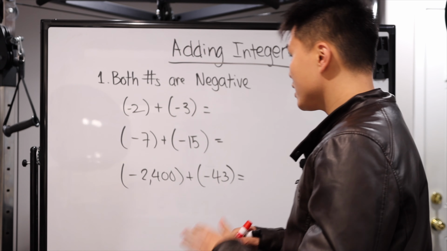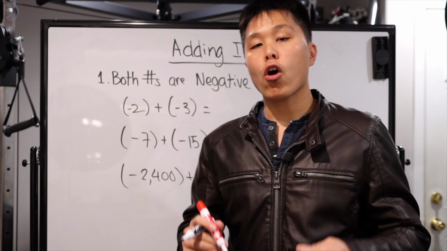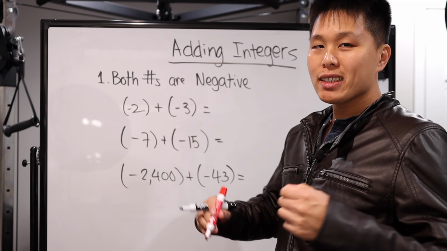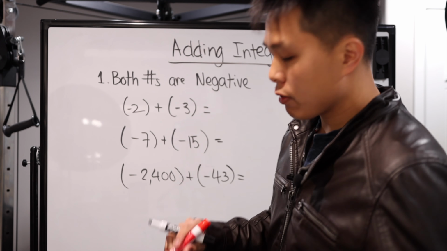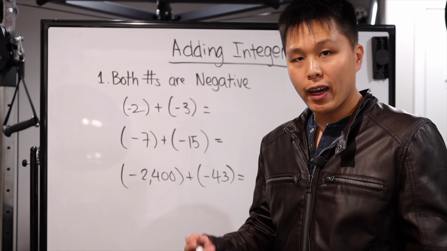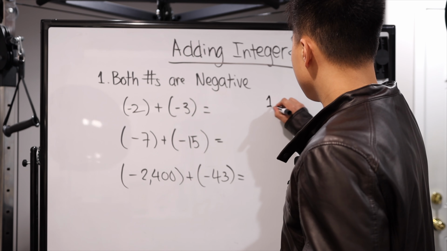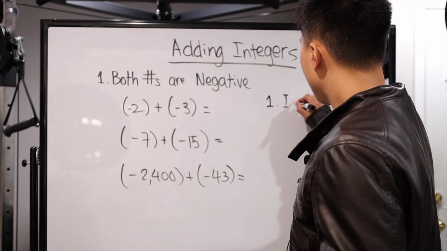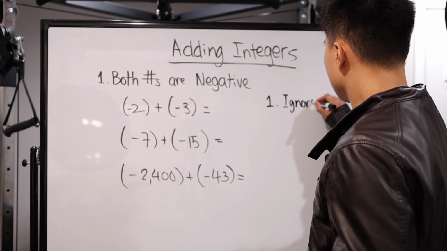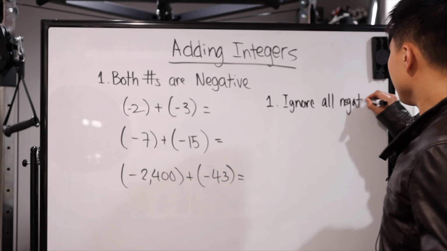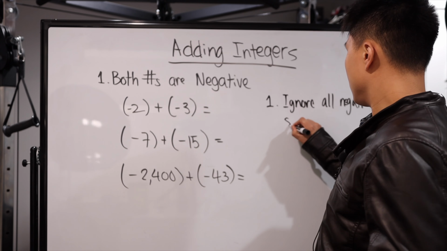So the second case is when both numbers are negative numbers. Now, when both numbers are negative numbers, it's slightly more challenging compared to the first case, but it's actually not that bad. The key is these steps. The first step is to ignore all the negative signs, to be exact, all negative signs.